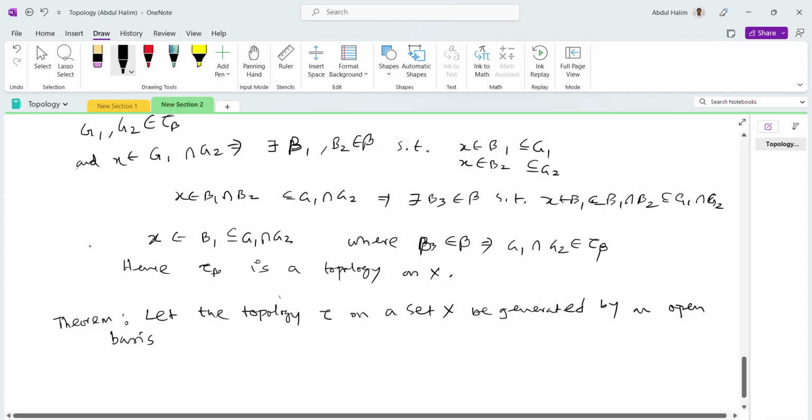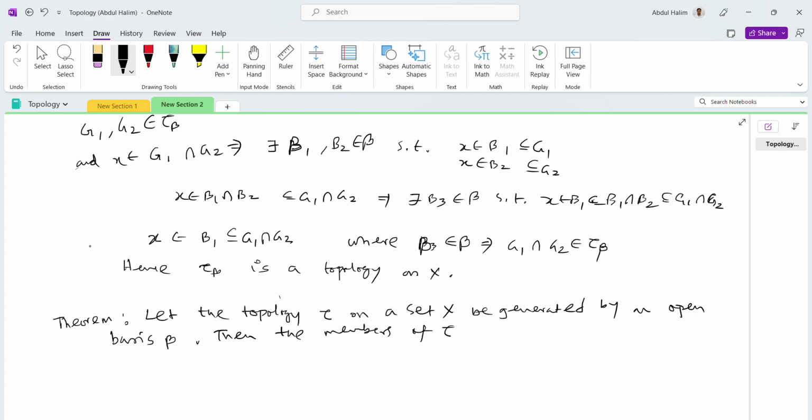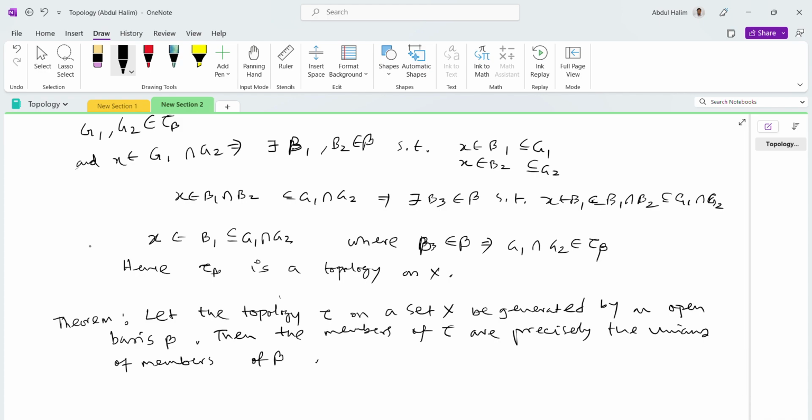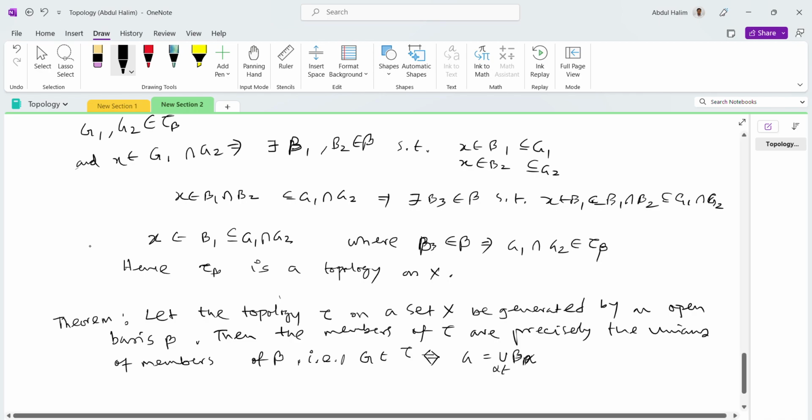This is the theorem: let the topology tau on a set X be generated by an open basis beta, then the members of tau are precisely the unions of members of beta.